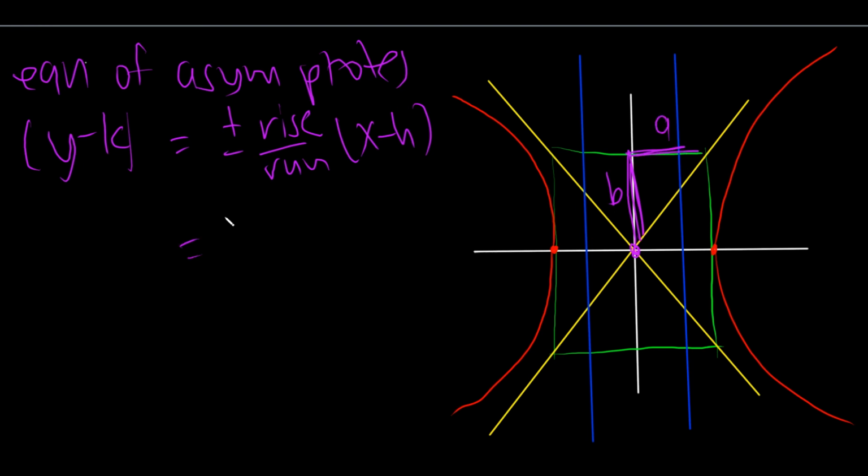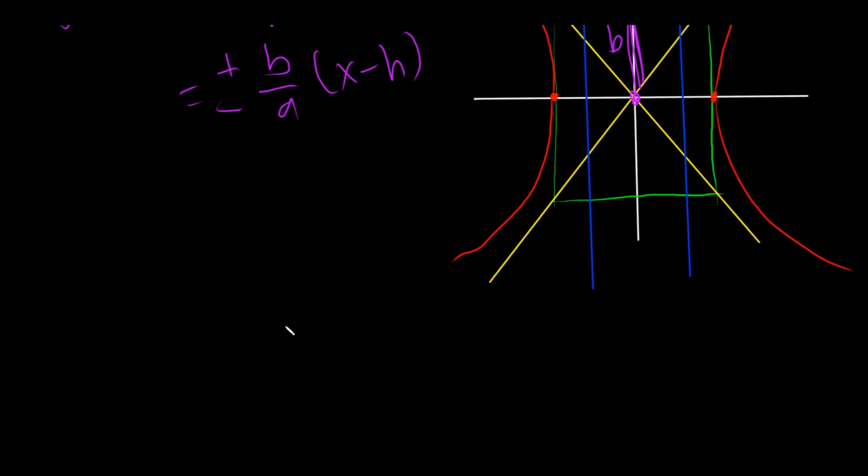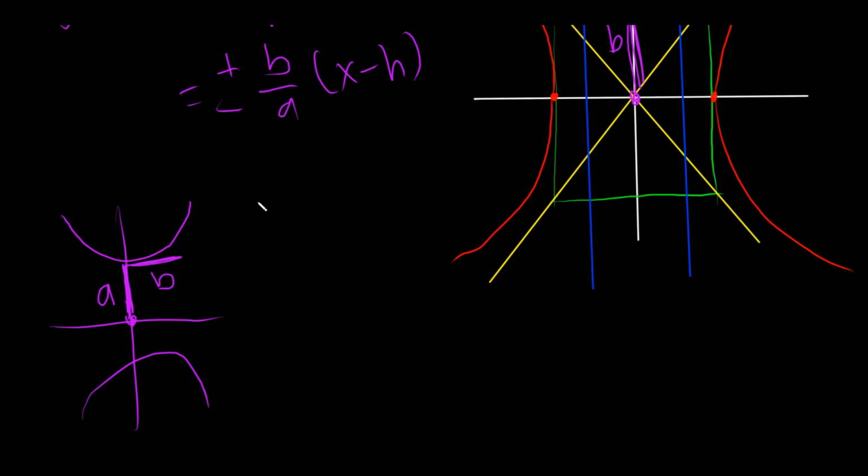So, this is equal to plus minus b over a times x minus h. But if your hyperbola opens up and down, from the center, your rise is distance a, then your run is distance b. So, if your hyperbola opens up and down, then that is plus minus a over b times x minus h.